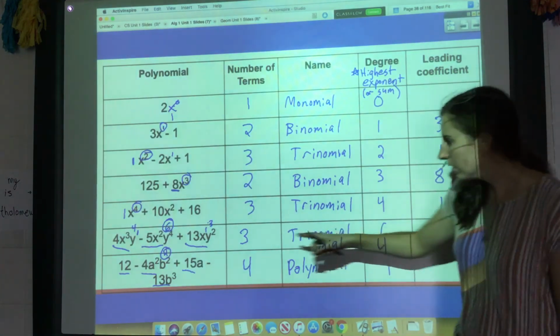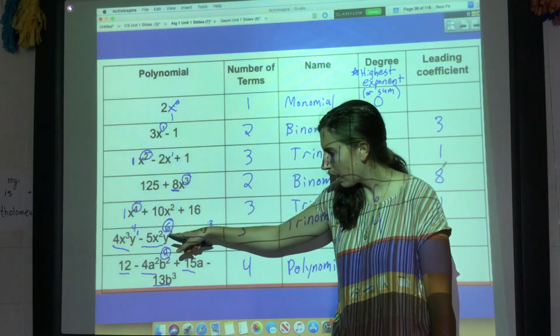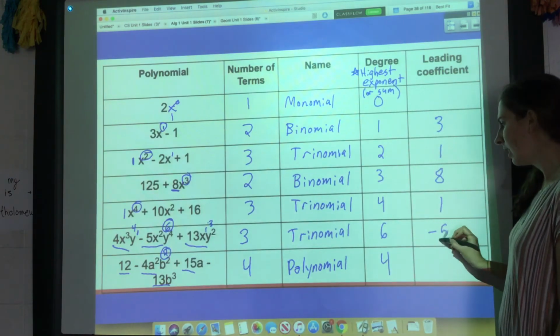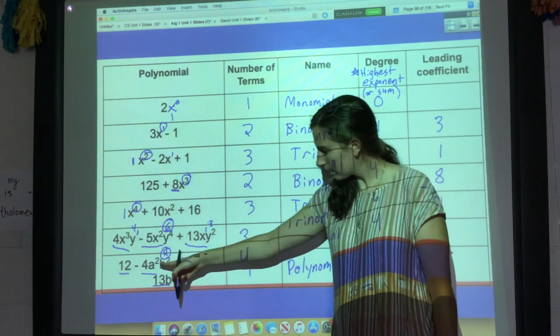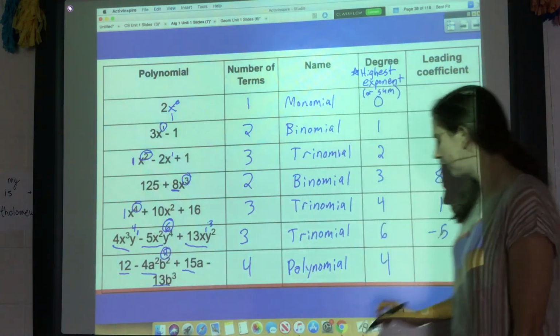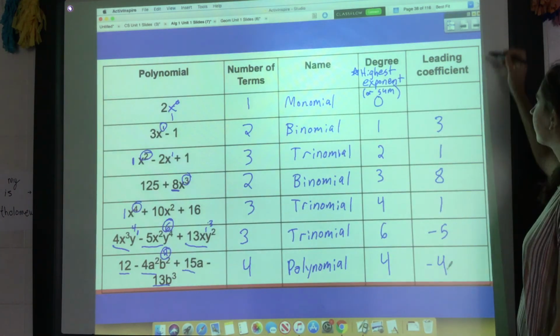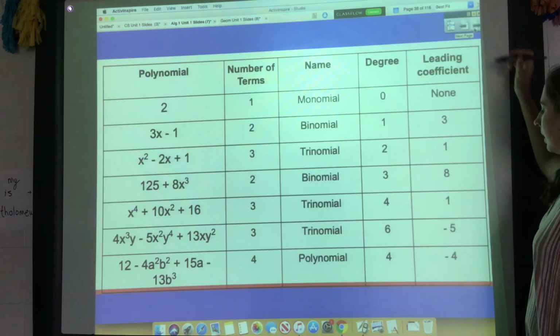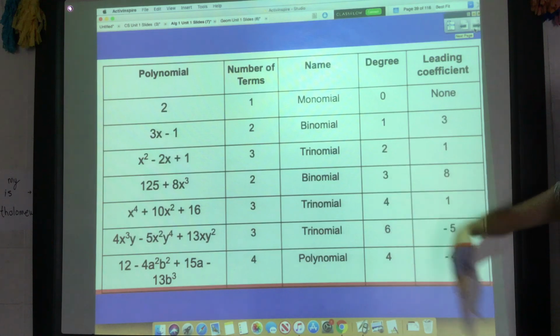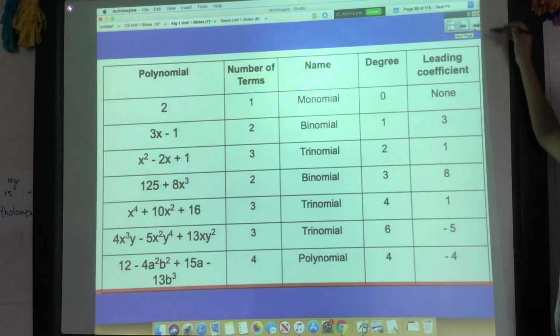On this one, this was the highest exponent combo, so -5 is my leading coefficient. And on this one, the winner was this term, so -4 is my leading coefficient. There's a more official looking filled out version if you want to use that.